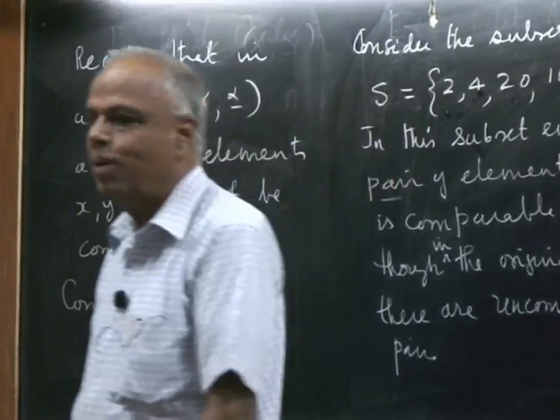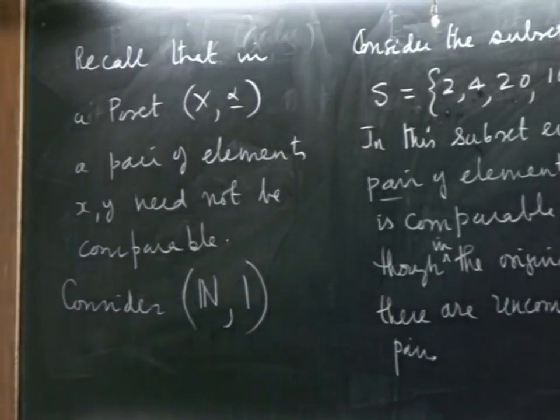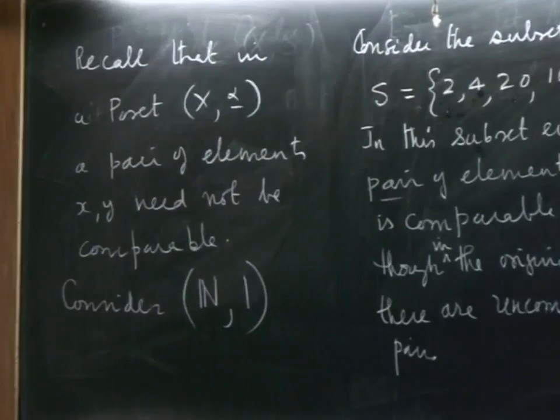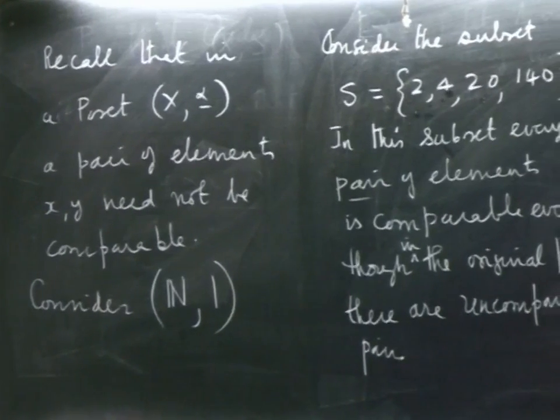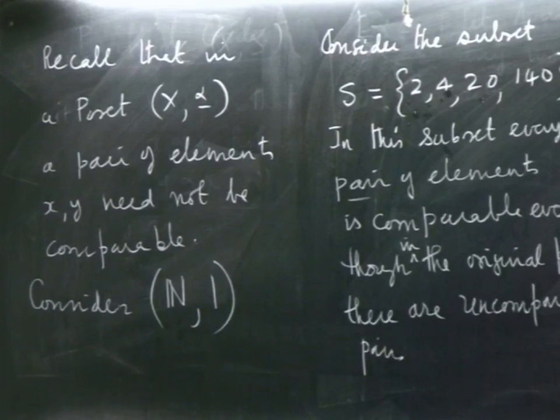Does it have an upper bound? No, obviously it does not, but it has a lower bound, namely 2 to the power of 0. Okay. So it may have an upper bound, it may not have an upper bound, it may have a lower bound, it may not have a lower bound. I am not saying if there exists such an element, it is called an upper bound. If there exists an element, it is called a lower bound.